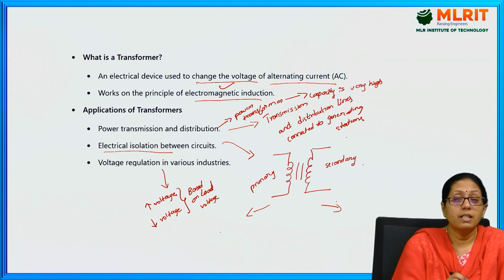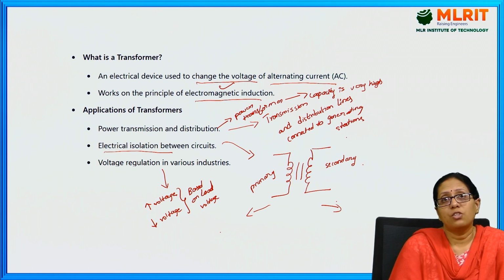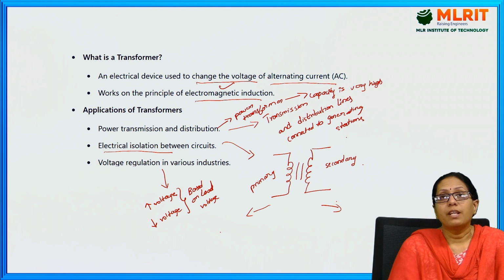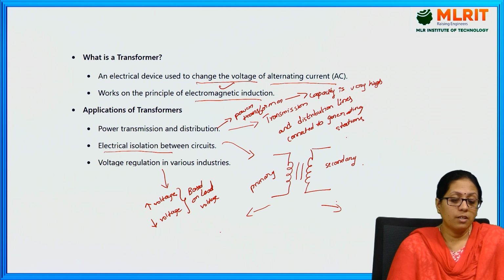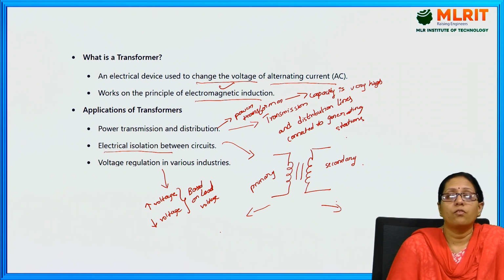That is the third category, voltage regulation. The second one is used for isolation purpose. The first one is used for connecting to the generating stations, that is mostly the transmission as well as distribution, which is connected to generating stations as well as different substations. So these are the three different types of applications of a transformer.